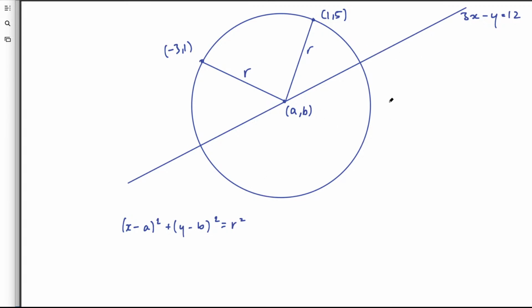Yeah, so let's do the distance formula twice. So a could be x2. Does it need to be the same point in each one?